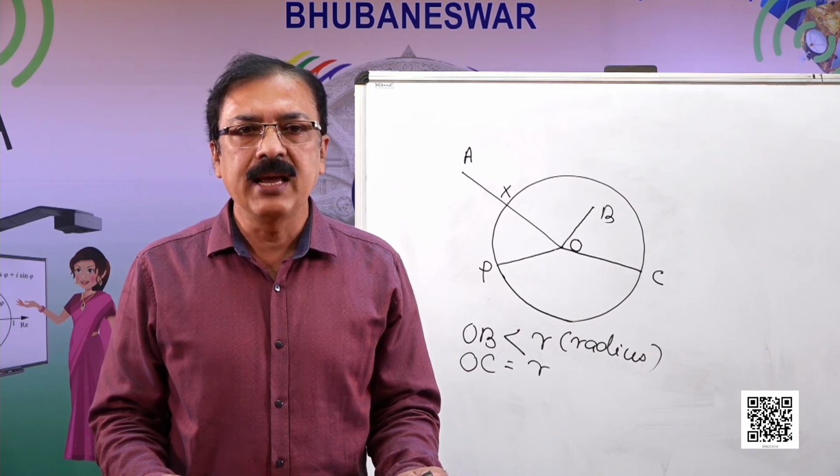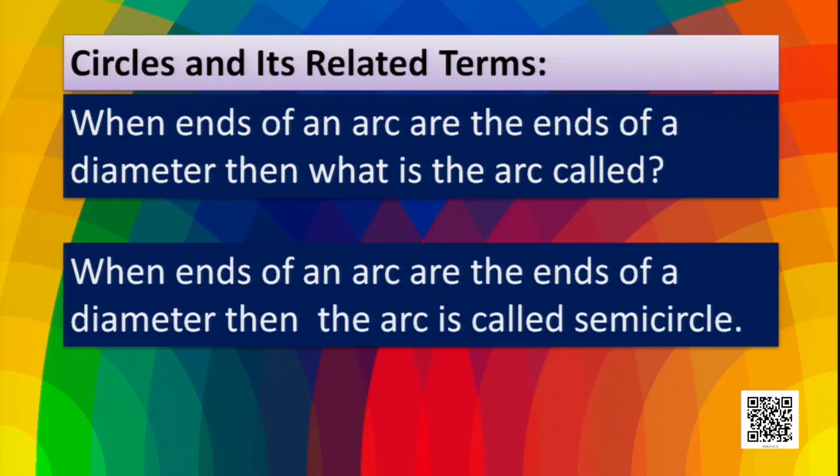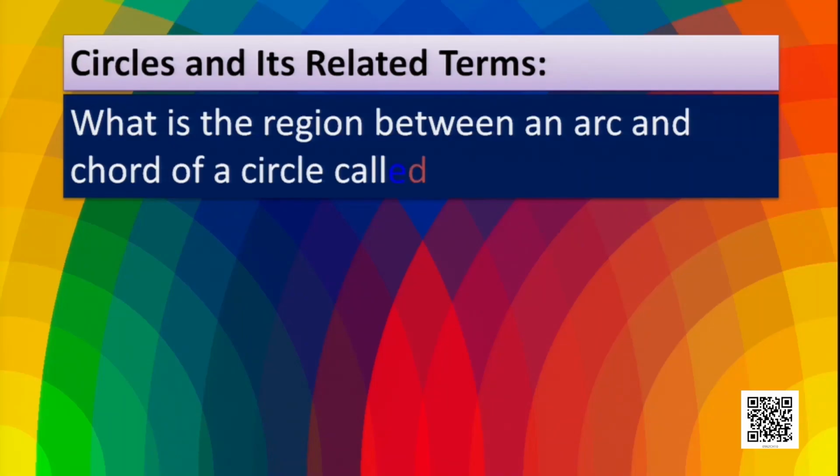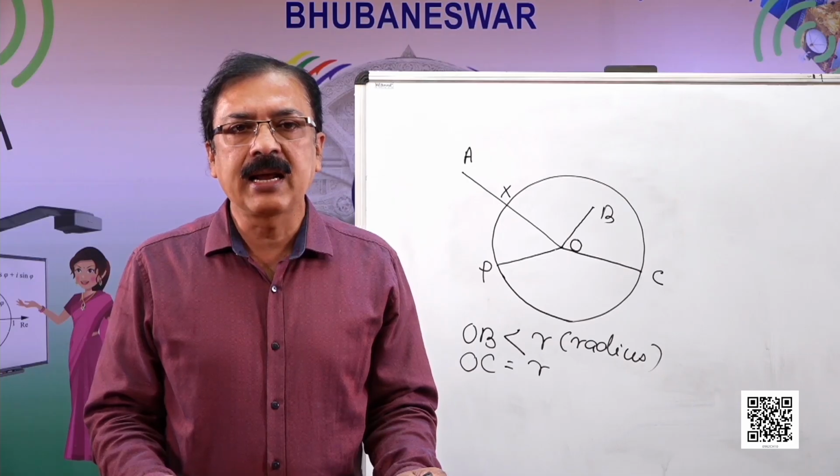So we can say that when the ends of an arc are the ends of a diameter, the arc is called a semicircle. Let's take another question. What is the region between an arc and a chord of a circle? You know that the region between the arc and chord of a circle is called a segment.